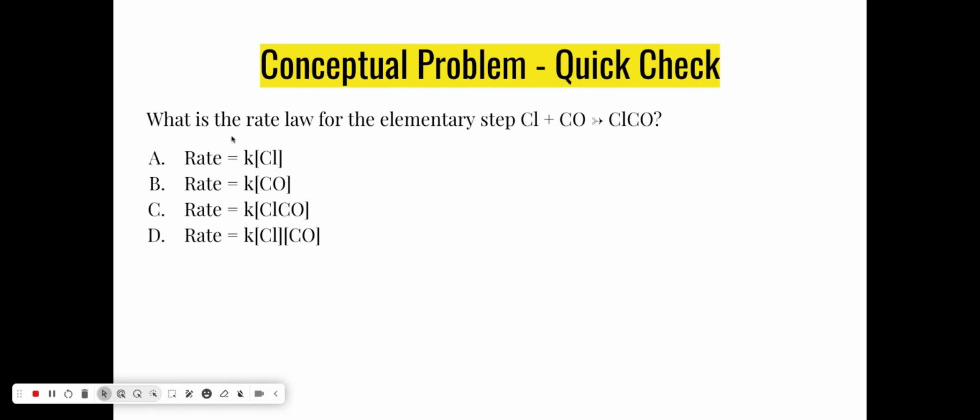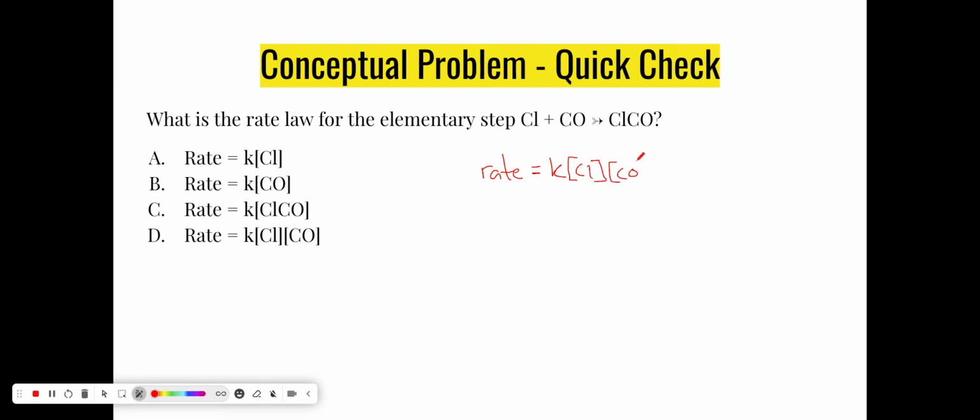If we continue on, our quick check says, what is the rate law for the elementary step chlorine reacting with carbon monoxide to form ClCO? Okay. Now, when we do this, guys, I think it's just outright easier to write the rate law before we try to find it as a choice. So we would say that the rate is equal to our rate constant, and we have a chlorine reacting with a carbon monoxide molecule.